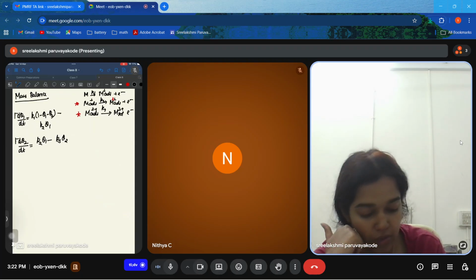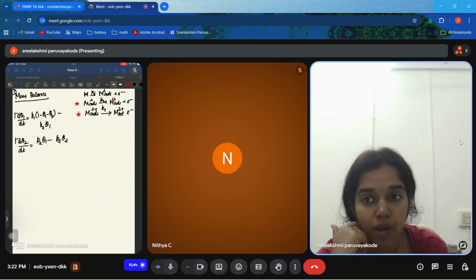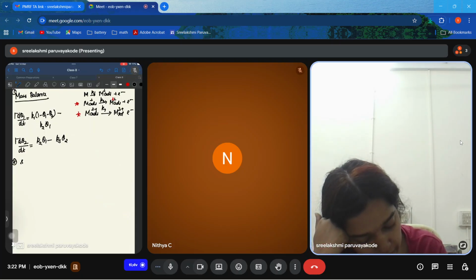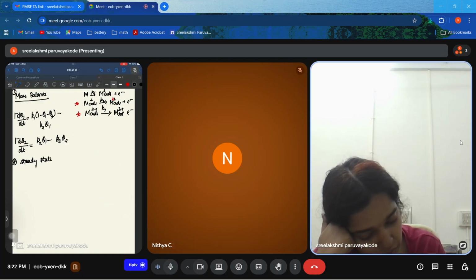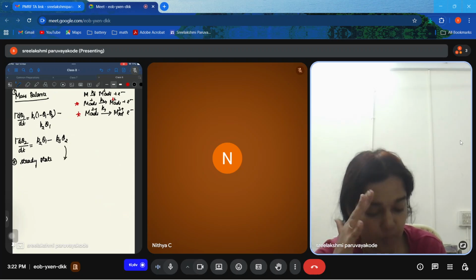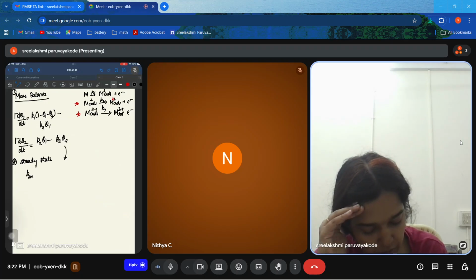So the first step is done, that is to write the mass balance. Now what is the next step? To write the steady state equation. Let me go with the second equation first because this looks less complex, so I can get something in terms of another. So at steady state, K2 dc theta 1 SS minus K3 dc theta 2 SS equals 0. What does the first equation become?